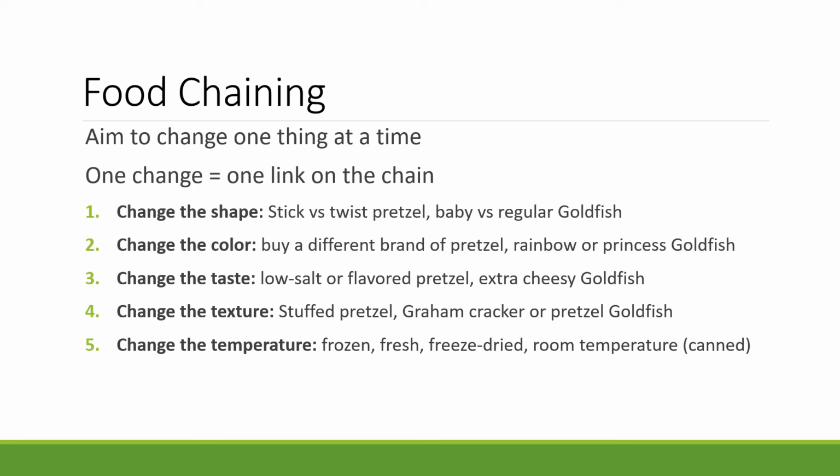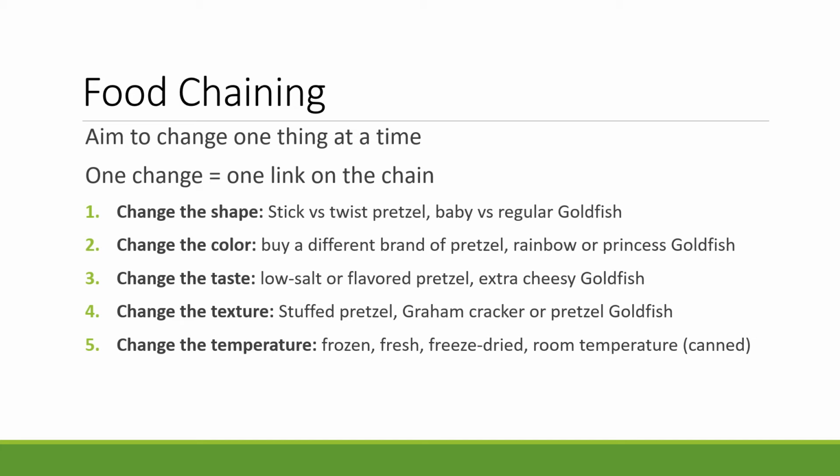If the latter example with 9 different options being offered is very overwhelming to you, just start small and look at how can you change the shape, how can you change the color, how can you change the taste, the texture, or the temperature. Going back to one of the examples given before in this module of encouraging you to choose one of the least nutrient dense Love It foods for your child.